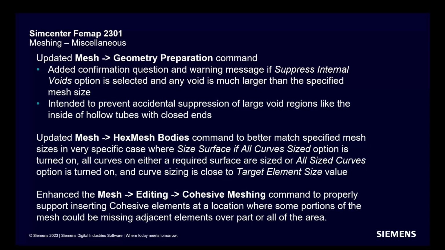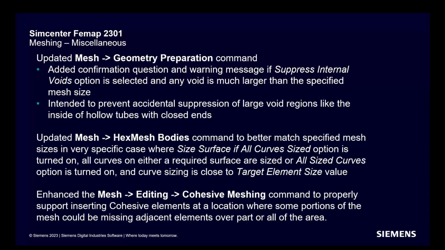And then there are a few miscellaneous improvements in meshing as well. One of them is on geometry preparation. There's a confirmation, basically a checkbox, which will prevent you from closing up internal voids in a part.